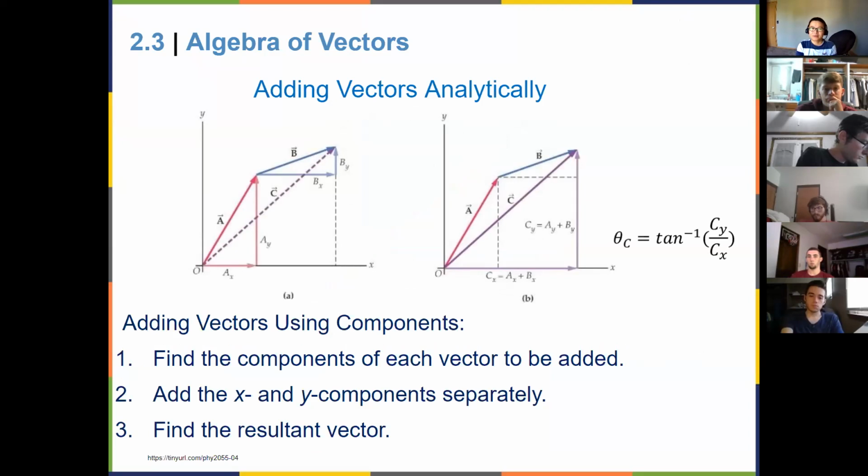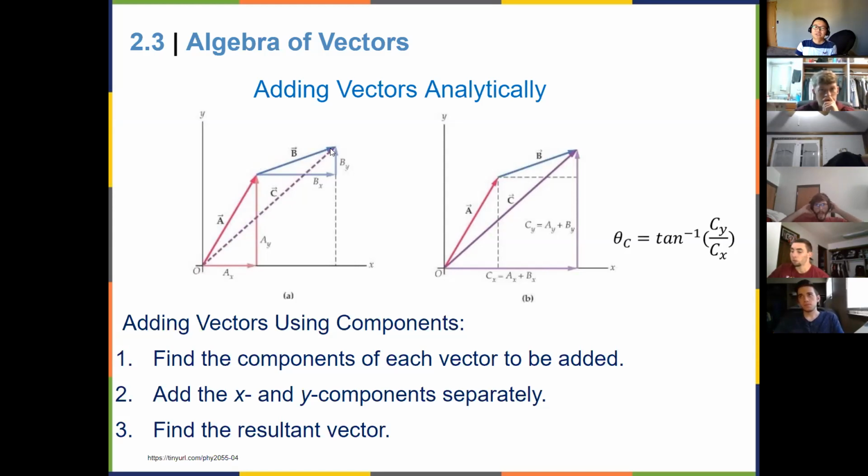This time we will talk about the analytical addition of 2 vectors or more, maybe 3 vectors, etc. So for example, on the figure here on the left, if you are doing vector A plus vector B, you move vector B parallel over, so the tail of vector B will be at the head of vector A, then the resultant vector should be this C vector in purple dash here. So this is your resultant vector.